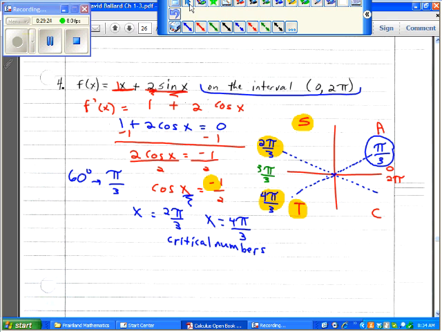Now, that creates for us test intervals. So my test intervals are going to be from 0, negative infinity to 2 pi over 3, and then 2 pi over 3 to 4 pi over 3, and then 4 pi over 3 to infinity.